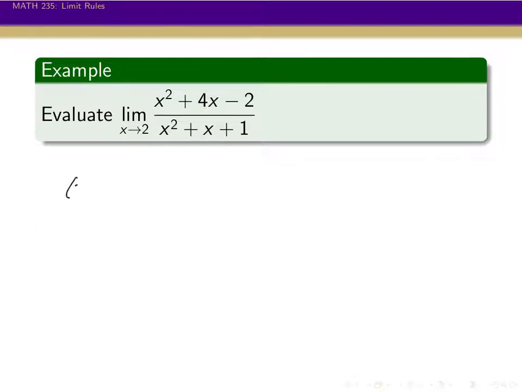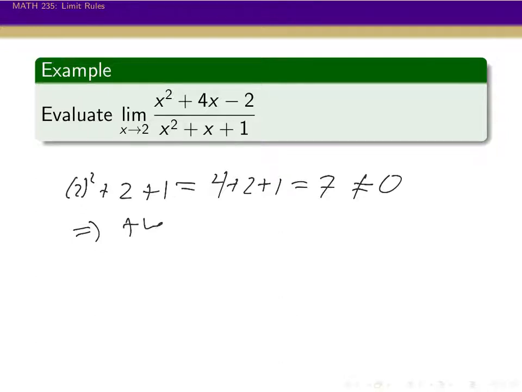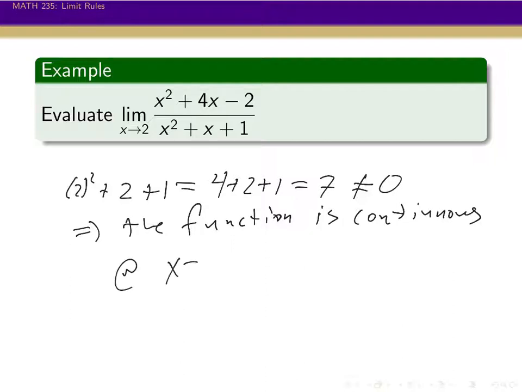So if I plug in 2 squared plus 2 and then add one more to that, 4 plus 2 plus 1 is 7. 7 is definitely not equal to 0. And so that means that the function is continuous at x equals 2.